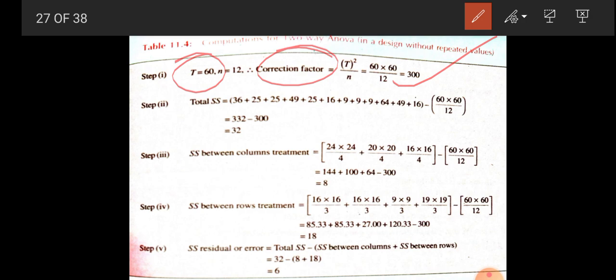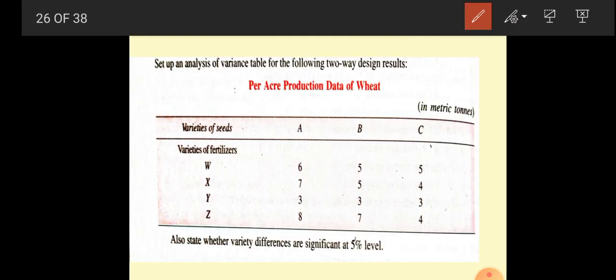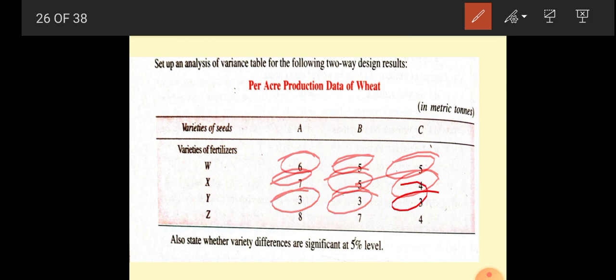Now we have to find out total SS. Total SS means the square of all 12 values: 1, 2, 3, 4, 5, 6, 7, 8, 9, 10, 11, 12. You have to square all these values: 6 square 36, 5 square 25, 25, 49, 25, 16, 9, 9, 9, 64, 49, 16.